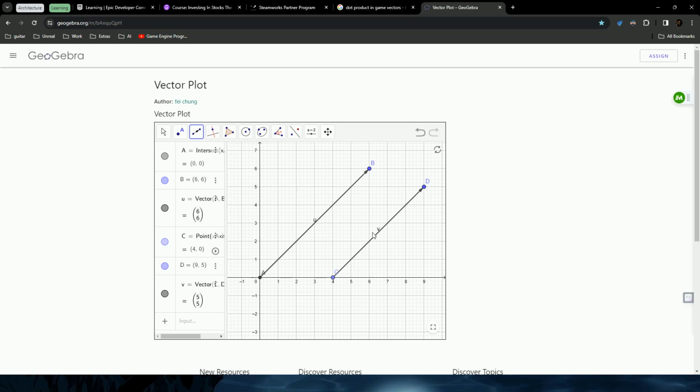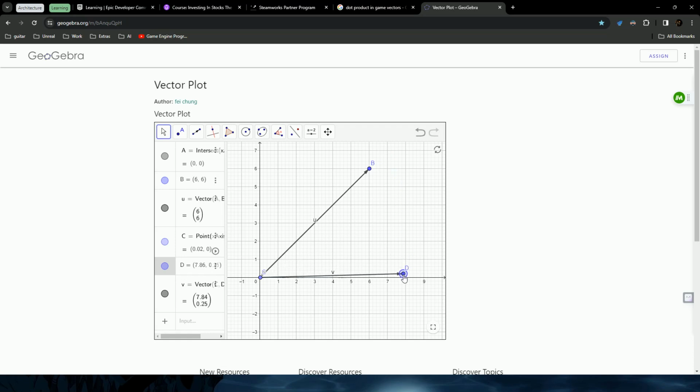And what if the vectors are making an angle? If I overlap this, give me a second, let me move this vector from here to here. Let's imagine this is moving from here to here. Now these two vectors are making a 0 degree angle, and the dot product at 0 degree is 1.